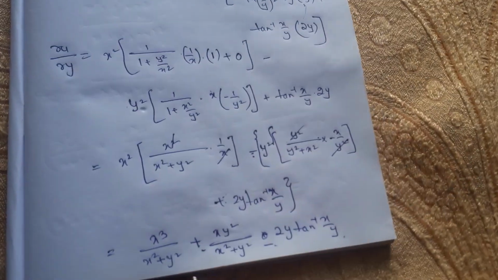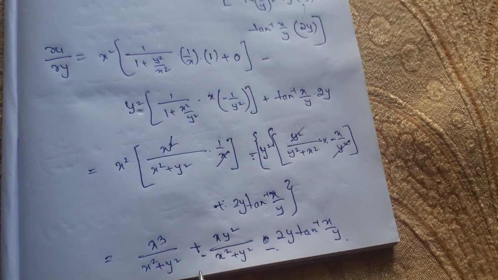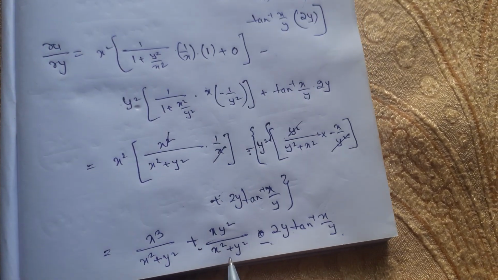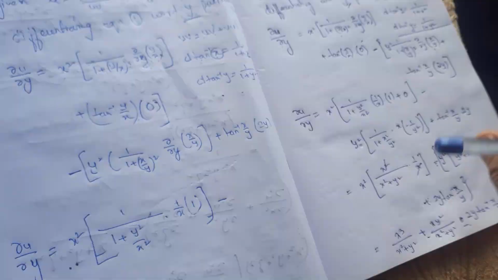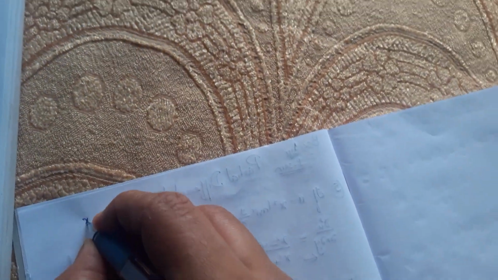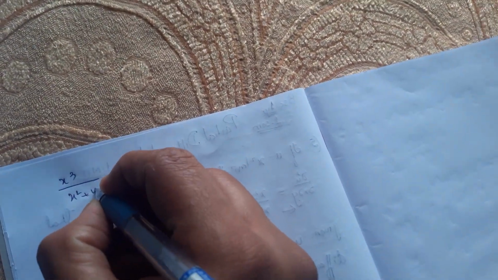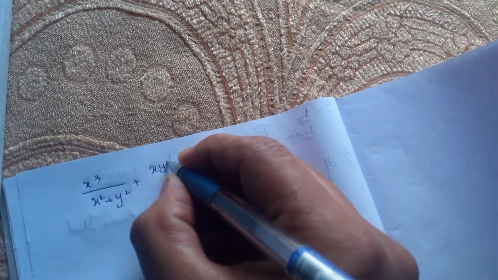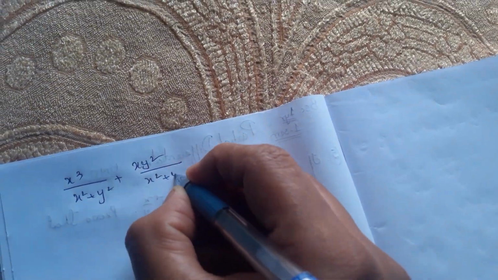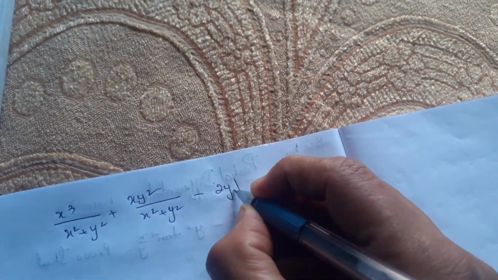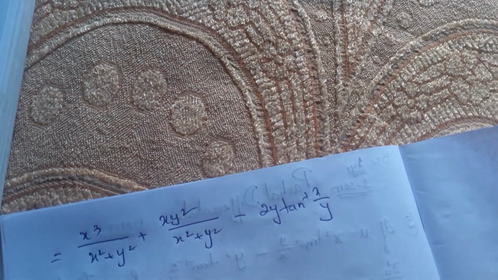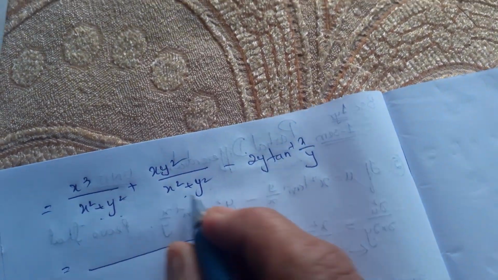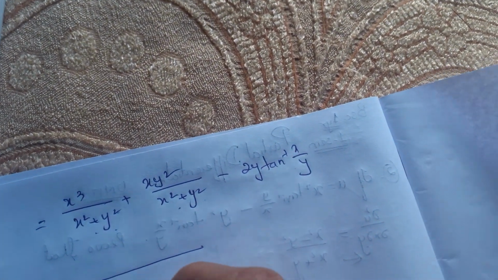Then we have to proceed, because here we have two terms with the similar denominator. So what we have to do is take the LCM of these two terms. The first term is x cube by x square plus y square plus x square y by x square plus y square minus 2y tan inverse x by y. I will take x square plus y square as the LCM.